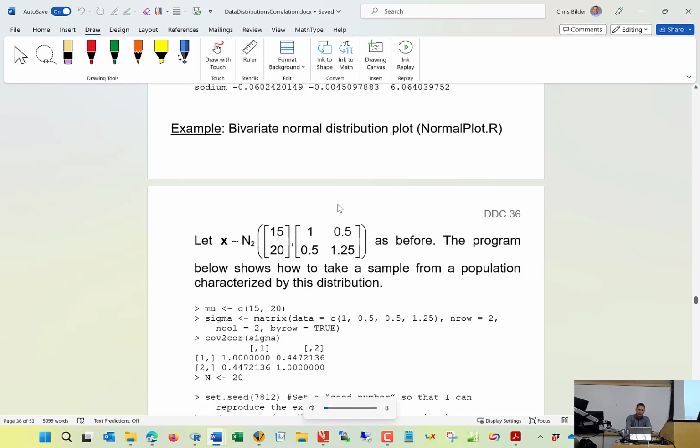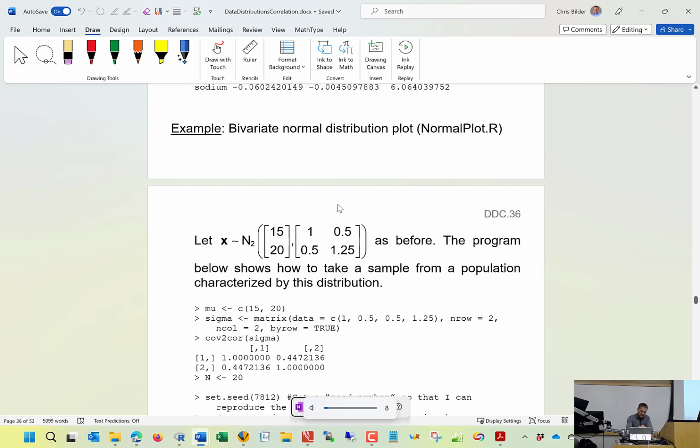So here's the actual normal distribution again. What this normal distribution is basically representing is how items in our population are distributed.